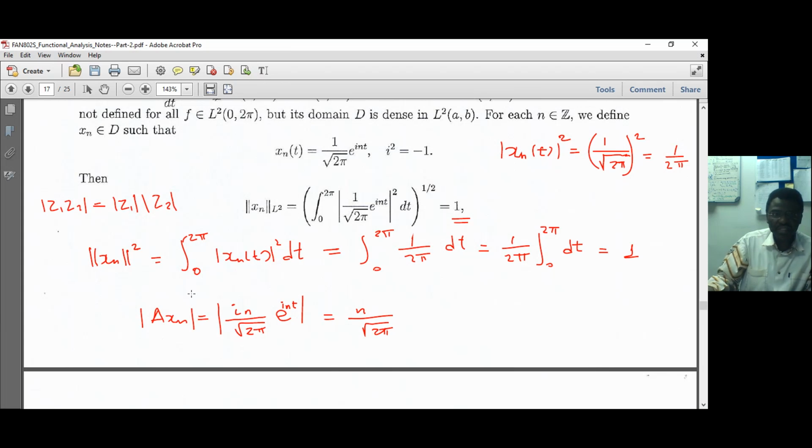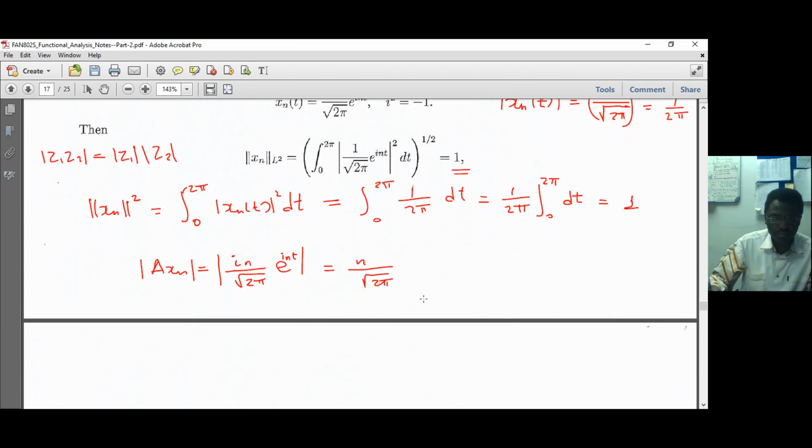Now, if we square it and integrate, that is, if you compute the two norm of that, obviously if we square this first, that would be n squared into, right, that is the square.